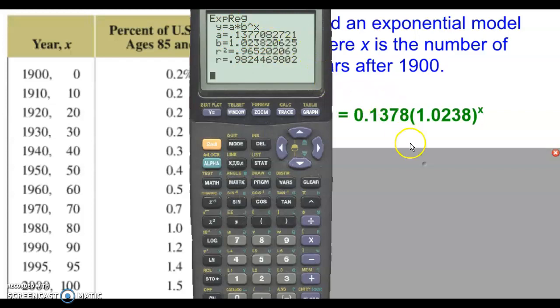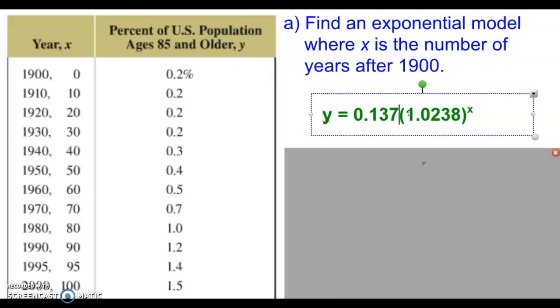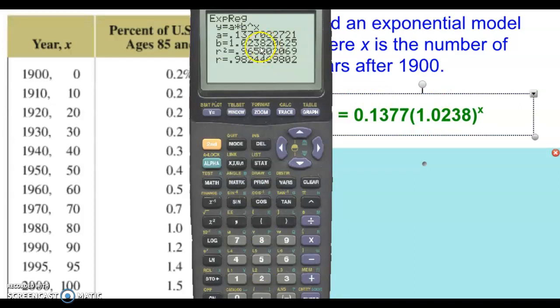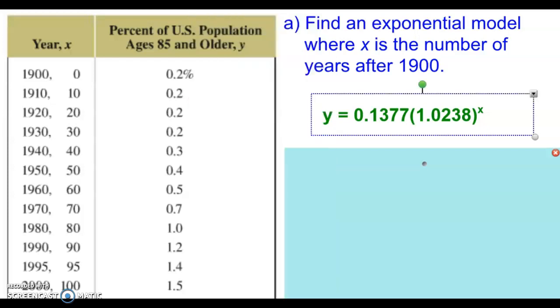Oh, and I actually did that wrong, didn't I? Let me fix that. That should be 7. There we go. And then the B, it says times B that gets raised to the X, so 1.0238, and I did do that one correctly, raised to the X power. All right, so that is my equation.